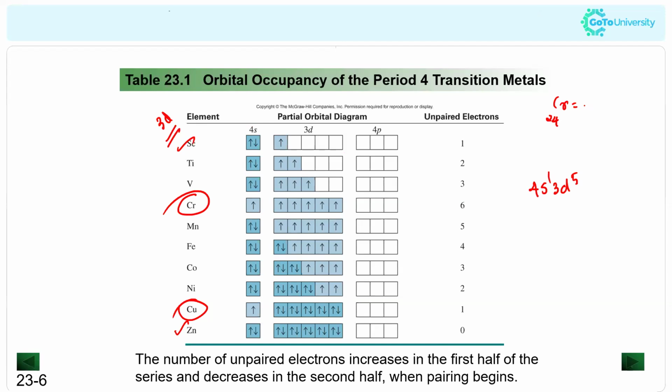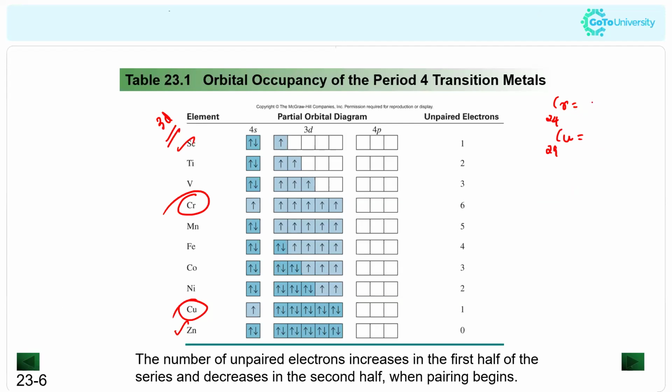So we are expecting a 3d4 4s2 configuration. And for copper, with atomic number 29, we are expecting 3d9 4s2. Okay, first we will write the expected one.